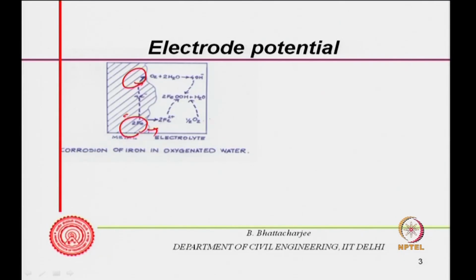At the anode, Fe goes out into the solution, Fe dissolves to Fe plus plus and 2 electrons. Now, the electron moves along this direction to the cathode and reacts with oxygen and water forming hydroxyl ion, and Fe goes into solution, reacts with this hydroxyl ion forming Fe(OH)2, etc. So, you have the anode and the cathode.